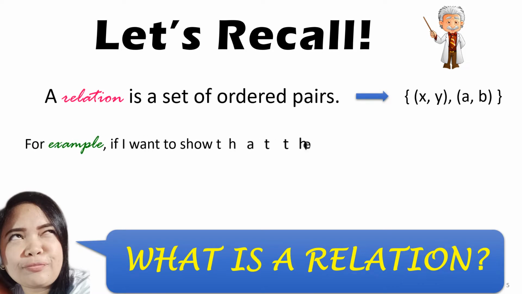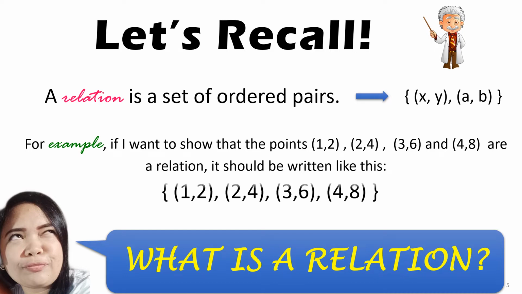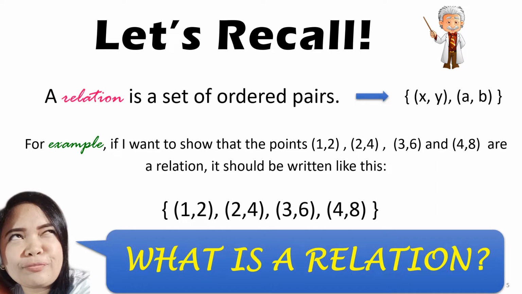For example, if I want to show that the points (1, 2), (2, 4), (3, 6), and (4, 8) are a relation, it should be written like this. Okay? So as you can see, we used these braces in denoting a set of ordered pairs, and these are our ordered pairs.